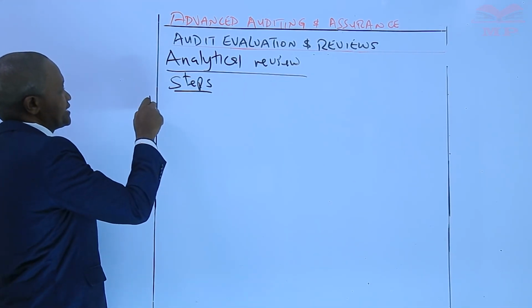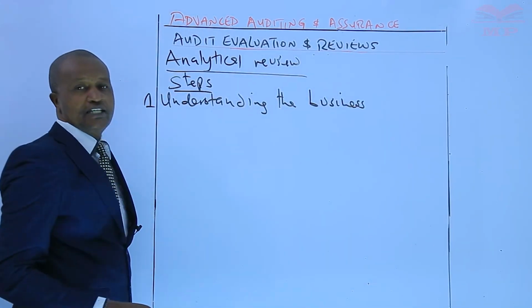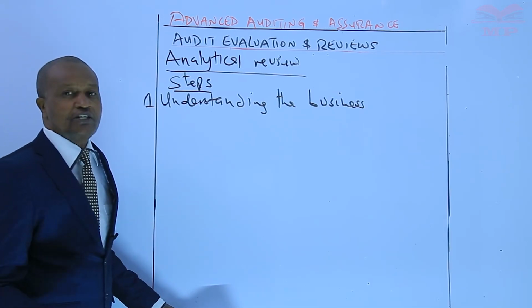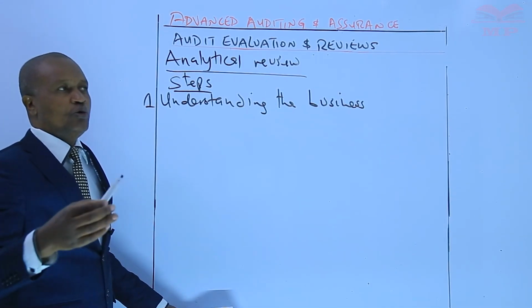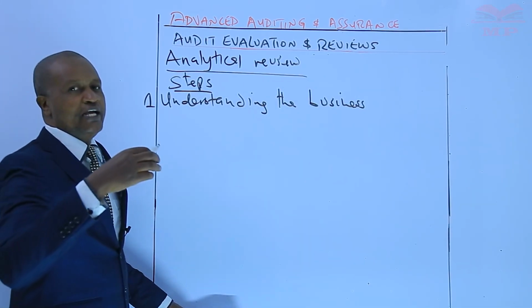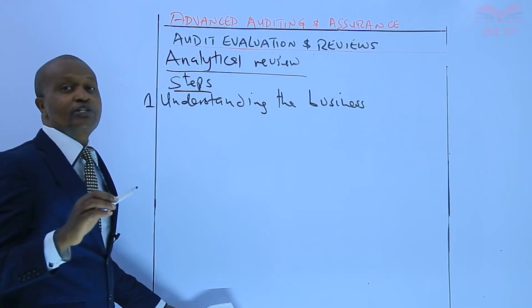Number one is understanding the business. The auditor gains a thorough understanding of the entity's business, operations, industry, and economic environment. That's the first step in analytical review.